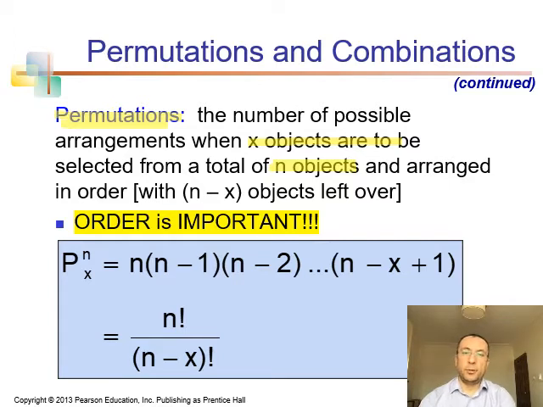So if the order is important, then we are using the permutation formula, P n x, and that's equal to n factorial over n minus x factorial. So in any case, when the order is important, you can also make combinations from the orders. So that's why the number of permutations is almost always higher than the number of combinations, or equal to. But most likely it will be higher.